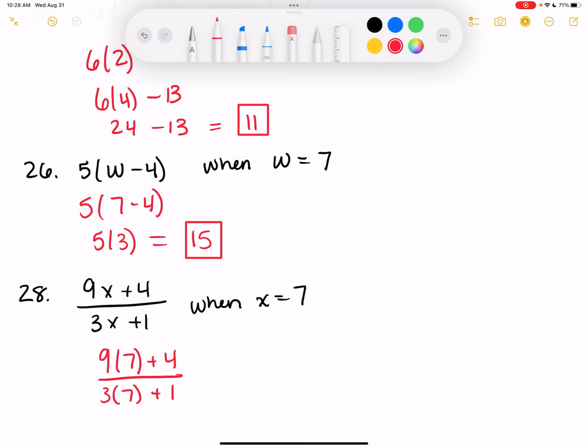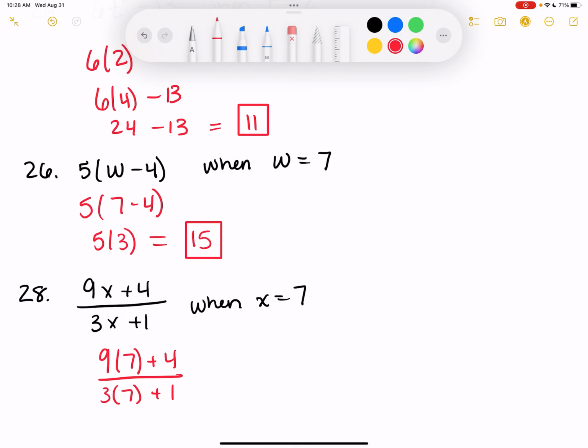So another type of grouping symbol is the fraction bar. And so when we have that, we want to do the top first, then do the bottom, and then do the division part of it. Don't try to do the division part of the fraction bar before you add or subtract. Do the top, then do the bottom, and then combine them.